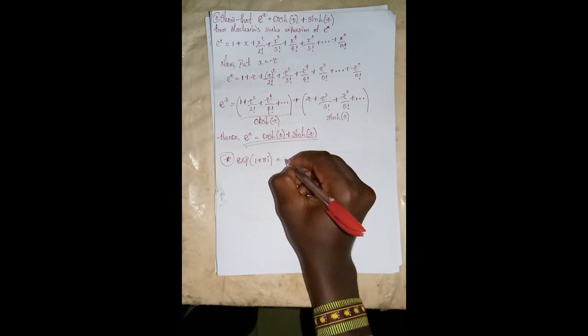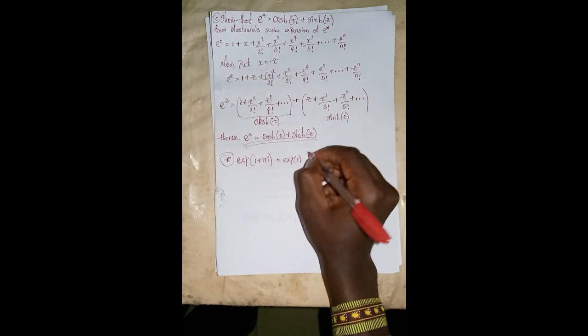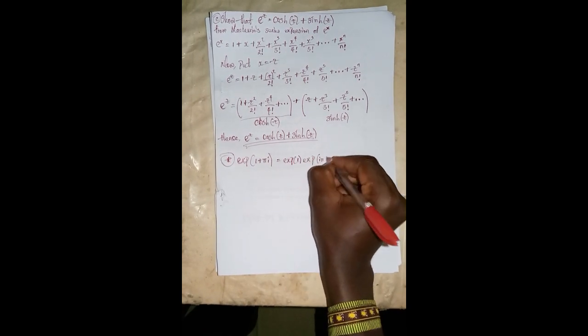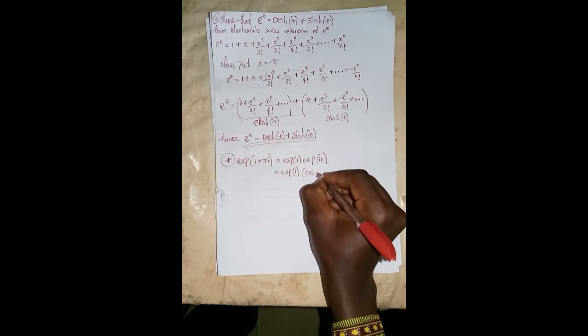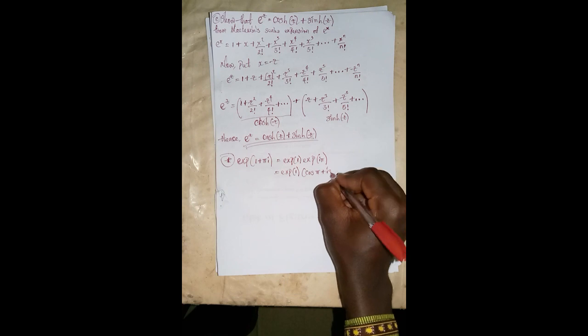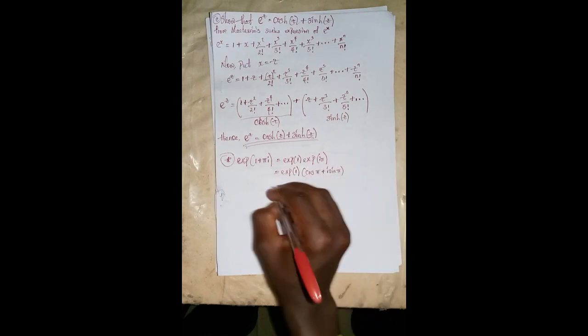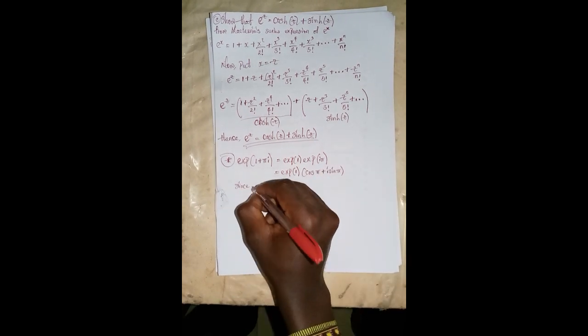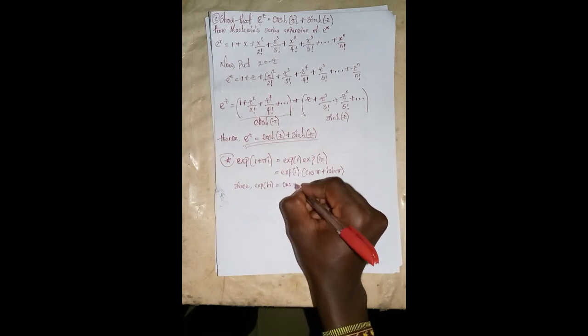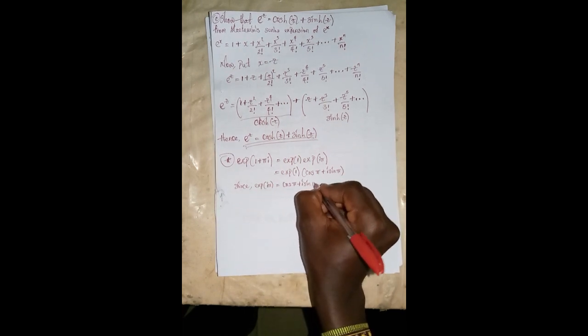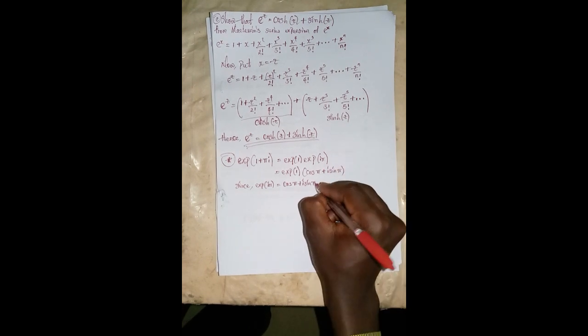We're going to split this into the exponent of 1 and the exponent of i pi. We say this is equal to the exponent of 1 and this is cos pi plus i sine pi, since the exponential of i pi is equal to cos pi plus i sine pi, as we showed in the previous questions.